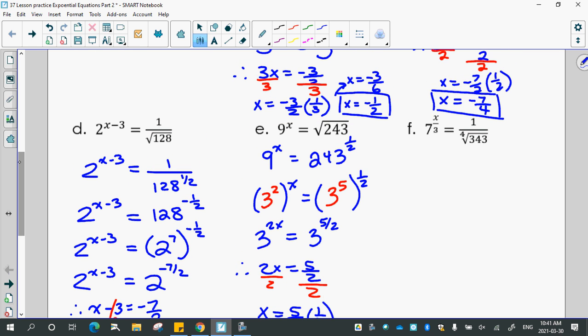All right, this one looks complicated, but it's not. Just make sure your exponents look like exponents. I had a couple people that, like their 7 to the x looked like 7x yesterday, so make sure that doesn't happen, okay? Make sure your x looks like it's in the exponent. So I would do the bottom as 343 to the 1/4 instead of leaving it as a radical.